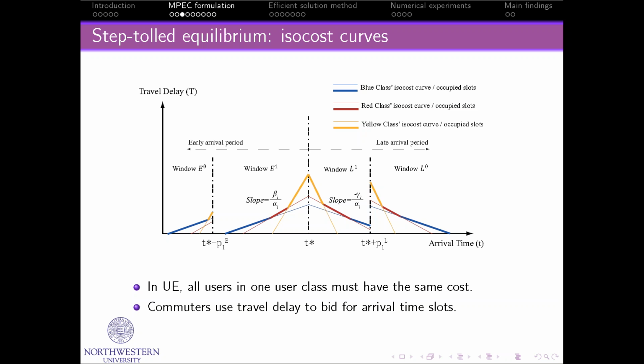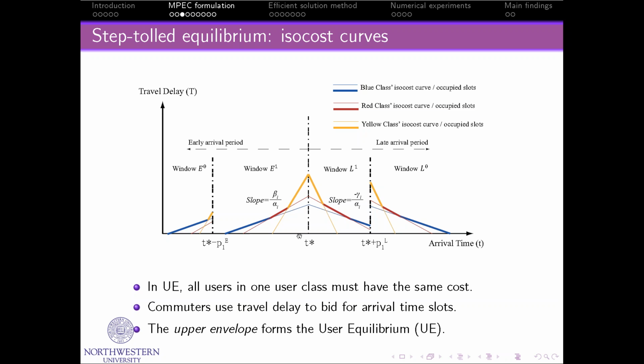And the commuters in different user classes will use the travel delay, which is the y-axis, to bid for specific arrival time slots, which are the points on the x-axis. The class that will pay a higher price, which is a higher travel delay, will get that time slot.